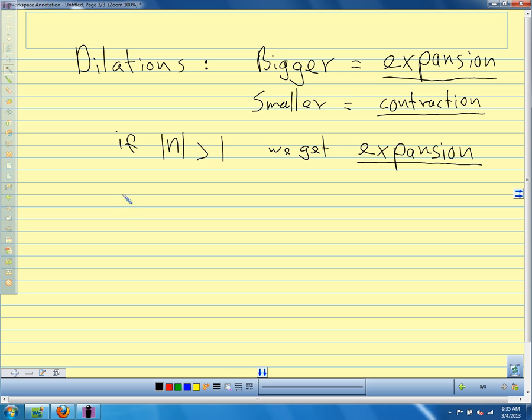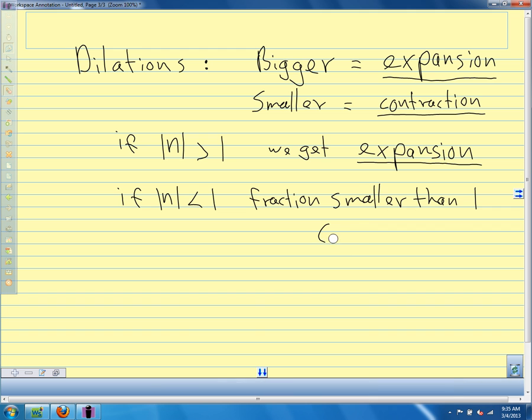If our absolute value is less than 1, and what this is telling us is that it's a fraction smaller than 1, or a decimal smaller than 1, a fraction or a decimal, we get a contraction.